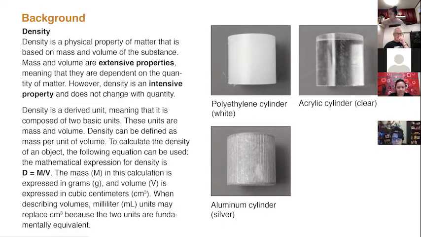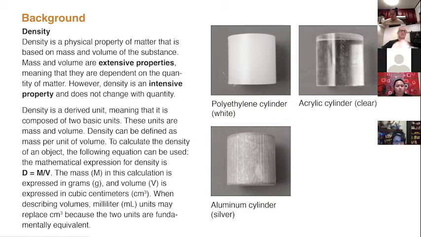So we want to figure out tonight for these what the ratio is between the mass and the volume, and we're going to do exactly the same thing with some liquids. So if anyone hasn't found their balance yet, hopefully you'll be able to find it soon, because it is absolutely essential.